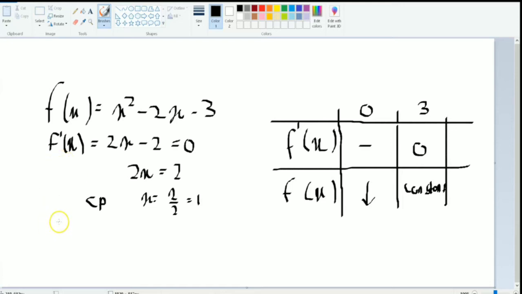So it becomes like this: f prime prime x equals, so 1 times 2 is 2, and 1 minus 1 is 0, so we get 2. That's it. Since it's a positive number, f(x) is concave up.